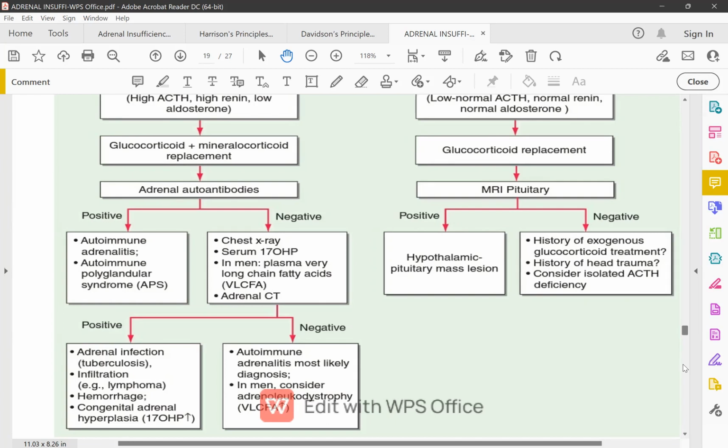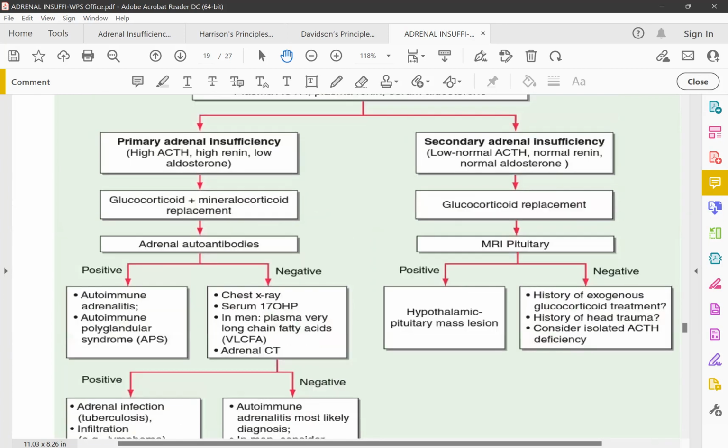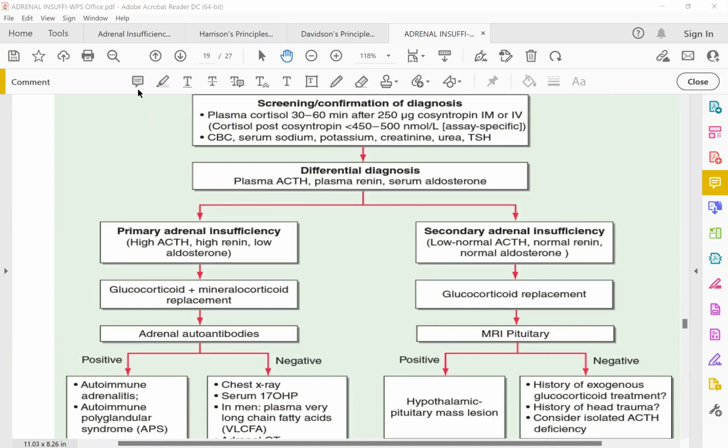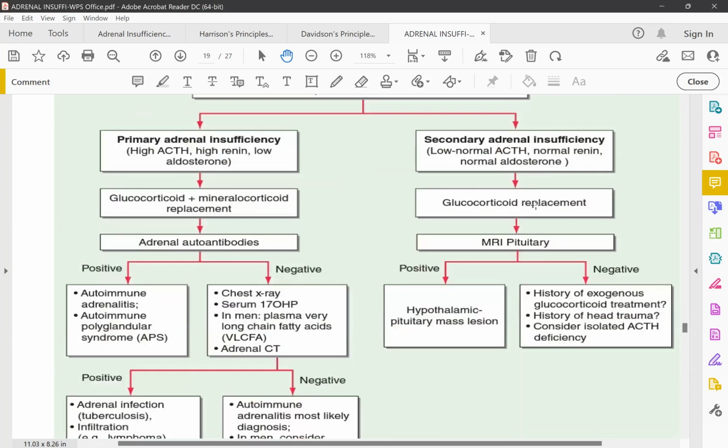On the other hand, there is secondary adrenal insufficiency. In secondary adrenal insufficiency, the lab parameters show low to normal ACTH, normal renin, and normal cortisol. Because of low ACTH, we call it secondary adrenal insufficiency. In secondary adrenal insufficiency, there is only glucocorticoid deficiency, so we replace glucocorticoids only. So we rule out secondary.